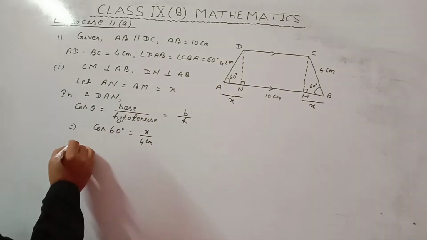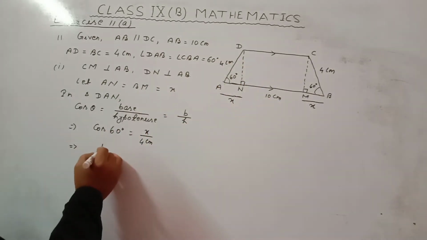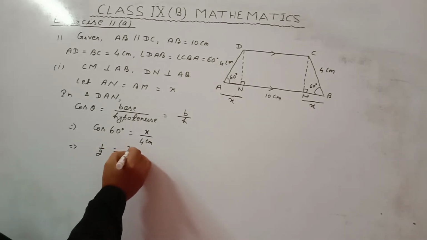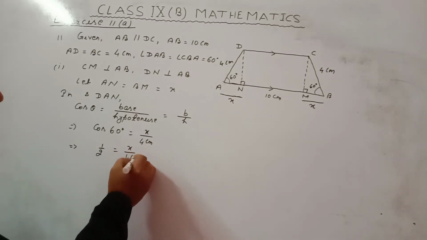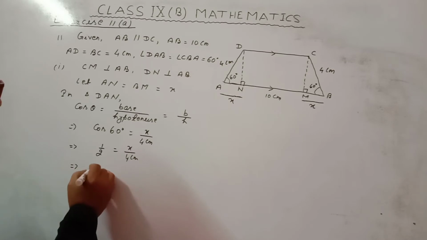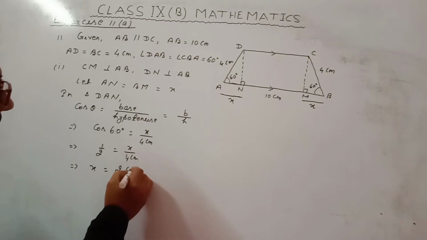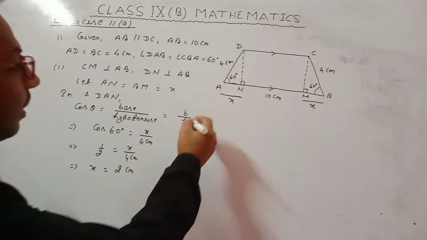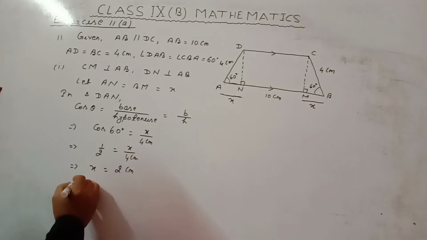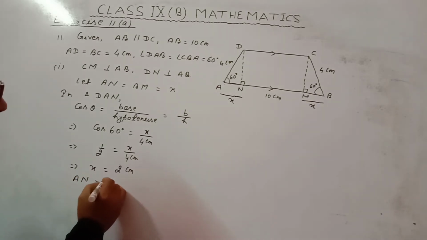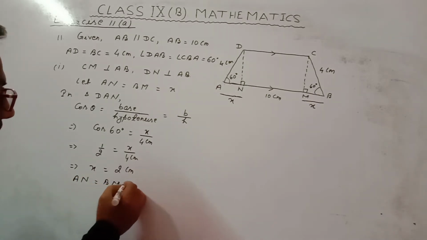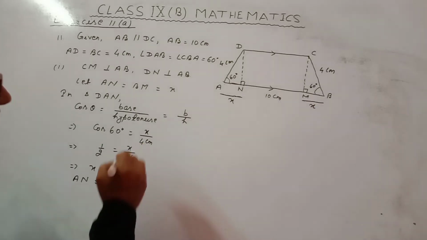So the value of cos 60 degree is equal to 1 by 2. That is equal to X by 4 centimeter. So X equal to 4 by 2, that is equal to 2 centimeter. We got this. So we can write now AN equal to BM equal to 2 centimeter.